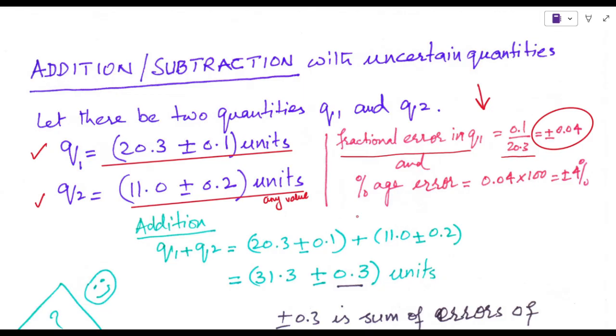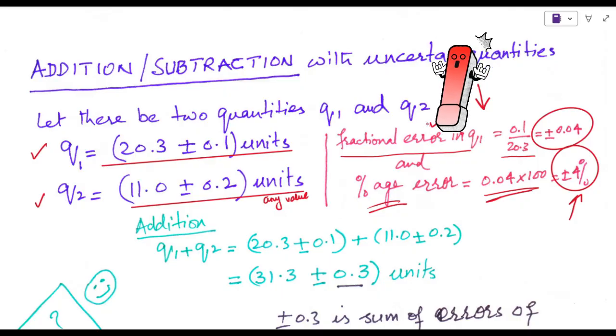Now, if you have got the fractional error in Q1 and you want to calculate percentage error, then you have to multiply the fraction with 100. So we get percentage error in Q1 as plus minus 4%. Fractional error is one of the most important calculations in errors and uncertainties.